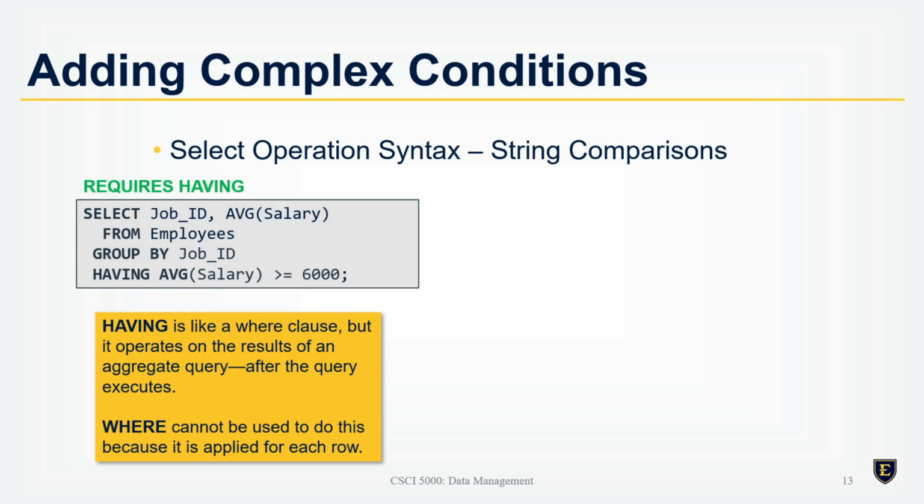Where, on the other hand, is not able to do that because it is comparing for each row that it encounters. So having waits until the end, whereas where is doing the comparisons continuously throughout the operation.